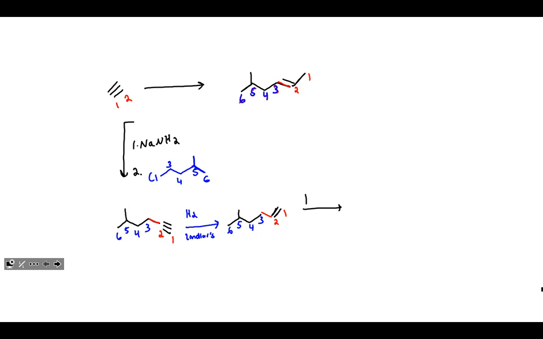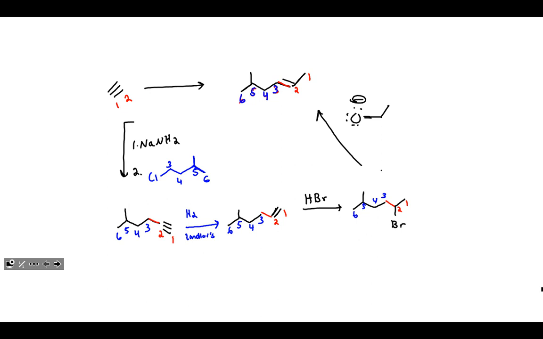So we can add HBr to get our Markovnikov addition onto carbon 2. And then we can get our more substituted double bond by using our small strong base to get our most substituted double bond.